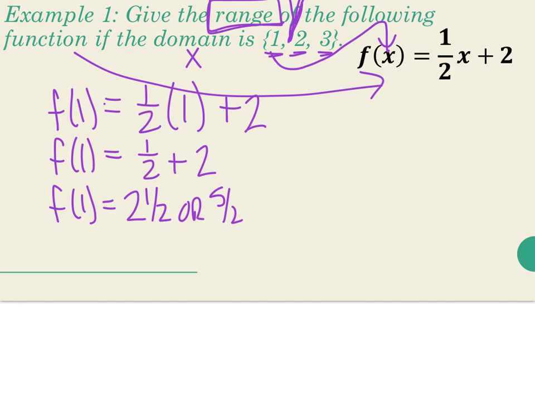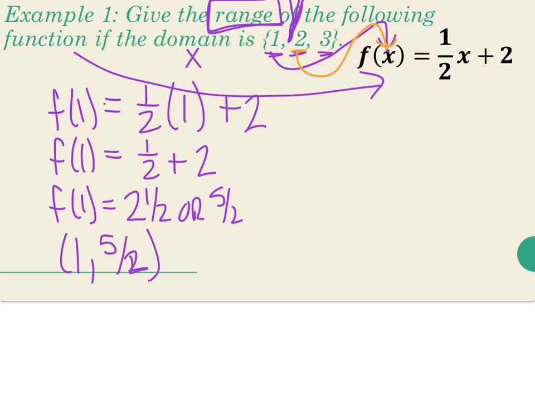So how you would write your final answer for this one, when we plugged in f of 1, we got out 2.5. So technically our point would be (1, 5/2). So when our domain was 1, our range was 5/2. We're going to do the same thing with the number 2. I'm going to replace anything with x with 2.